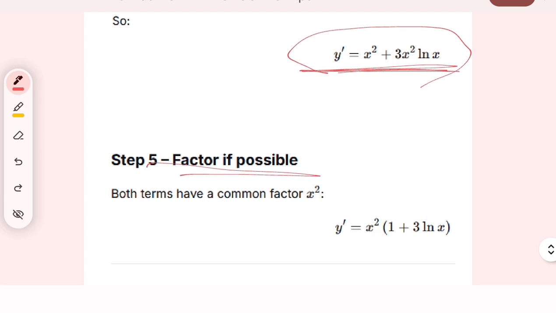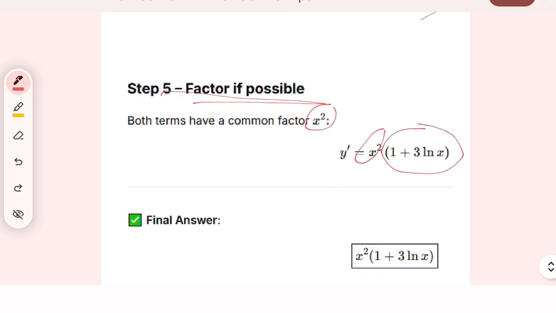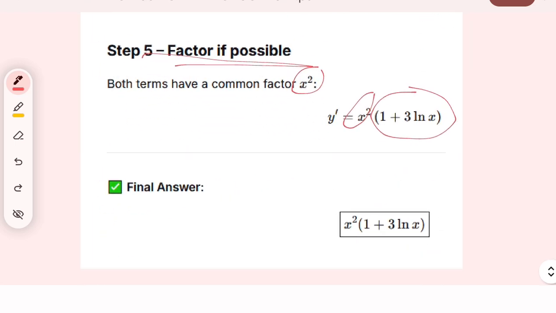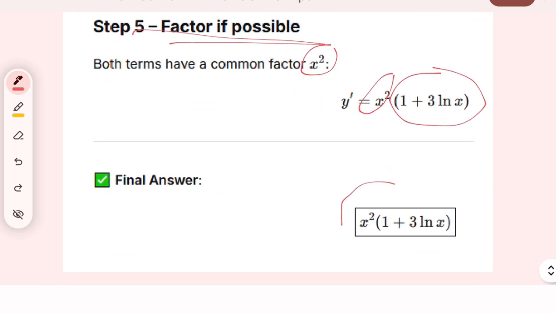You simplify further by factoring. In this case, x squared is common to both terms, so we can put x squared outside. What is left is 1 plus 3 ln x. So the final answer is x squared times (1 plus 3 ln x).